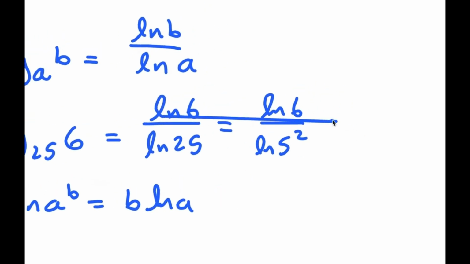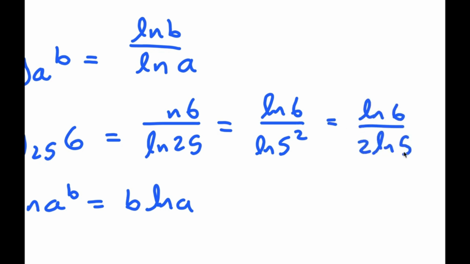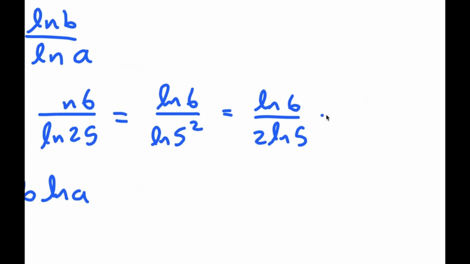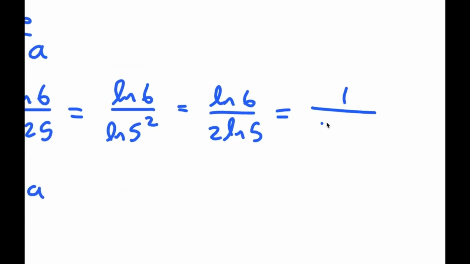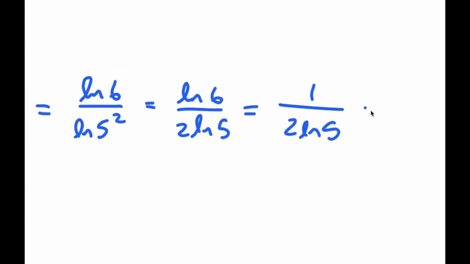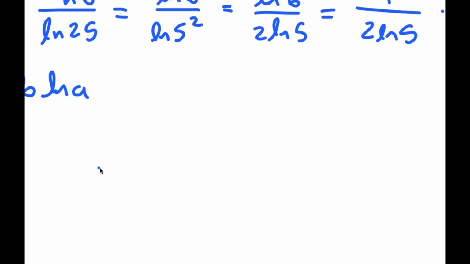So this is the same thing now as ln 6 over 2 times ln 5, which I'm actually going to rewrite as 1 over 2 times ln 5 times ln 6. So now going back, I have 5 to the power of 1 over 2 times ln 5 times ln 6.